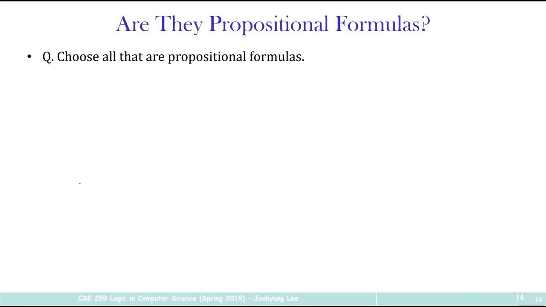Okay, so I want you to tell me whether each of them is a propositional formula or not. Is this a propositional formula? How do we know that this is not a propositional formula? How do we prove that this is not a propositional formula?